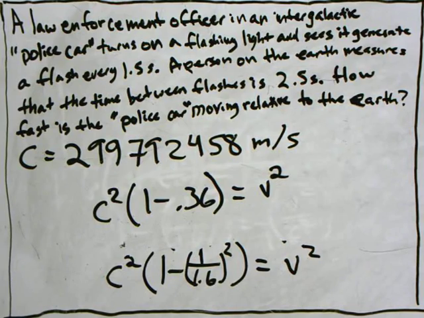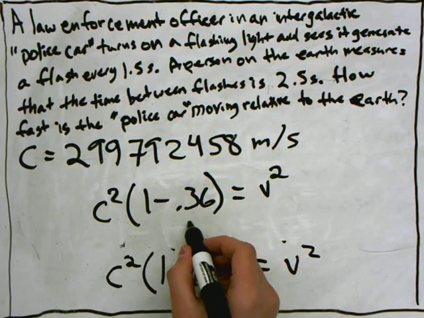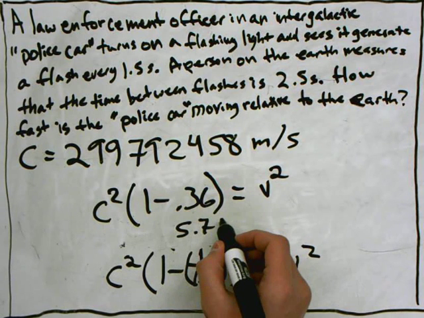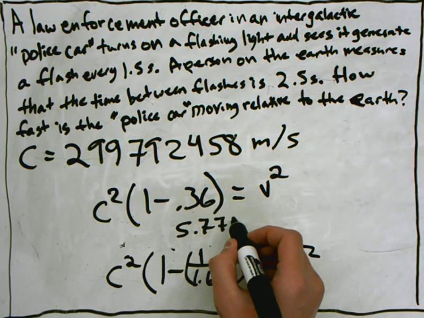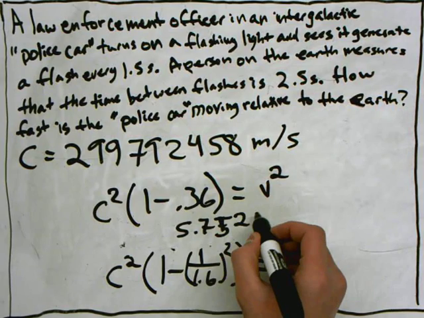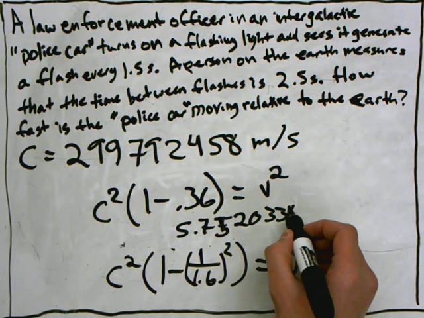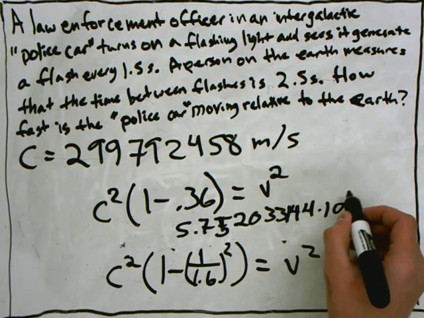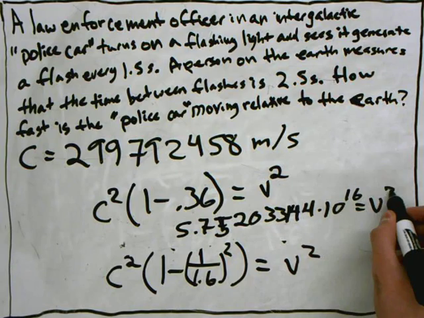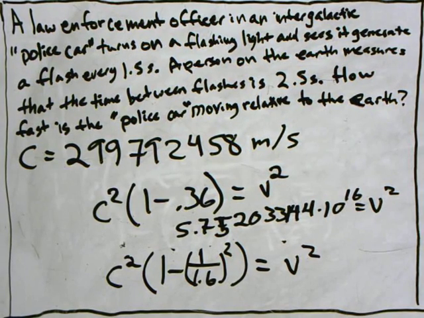Then we just take the root of that, and the velocity is going to be 239,833,966.4 meters per second as seen from the Earth. It makes sense that it's going that fast, because a difference of 1 second is truly massive. So yeah, that's how you would solve that problem.